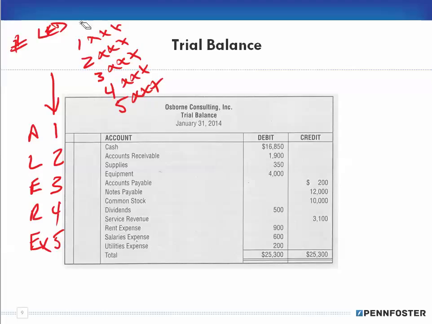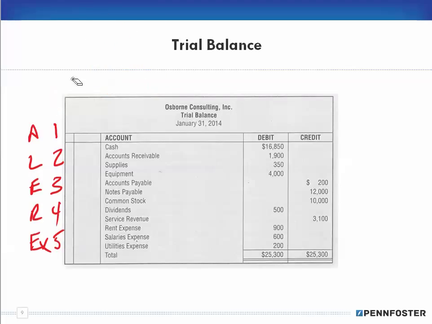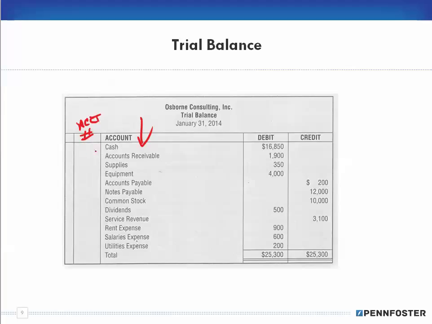And when you're creating the trial balance, you are listing the accounts in the order that you see them in your general ledger. Now, some trial balances will show the account numbers. So cash, let's just say, might be 101. Accounts receivable might be 110. Supplies would be 115. Equipment would be 120.